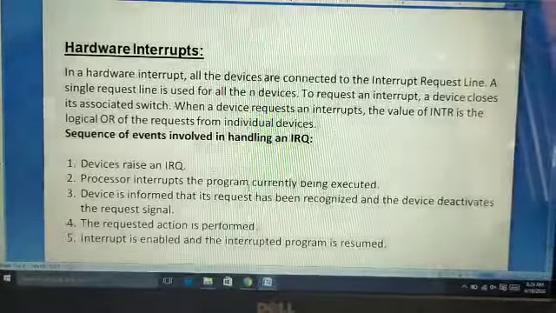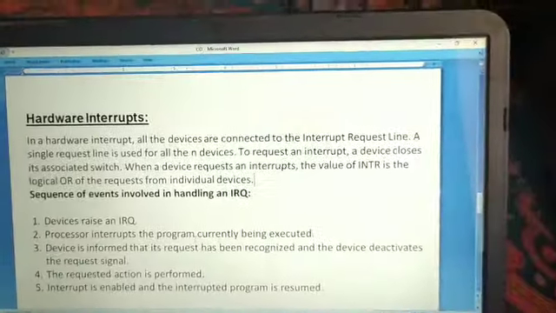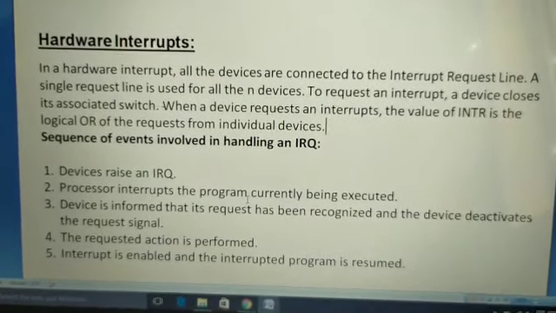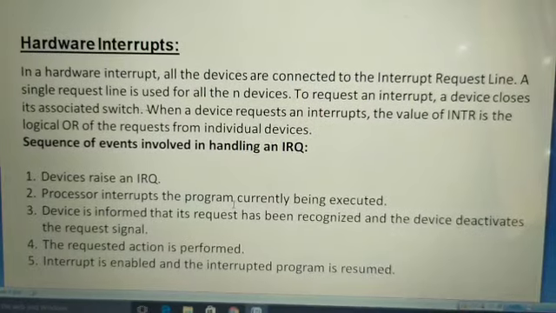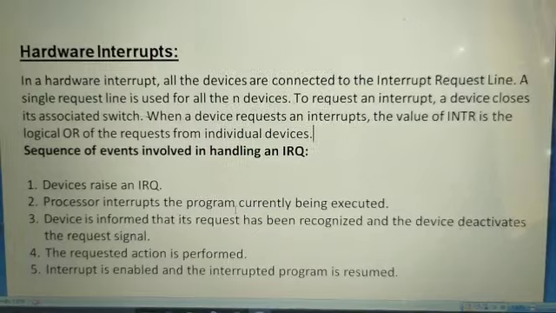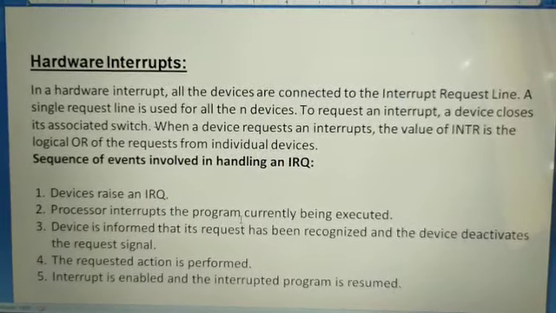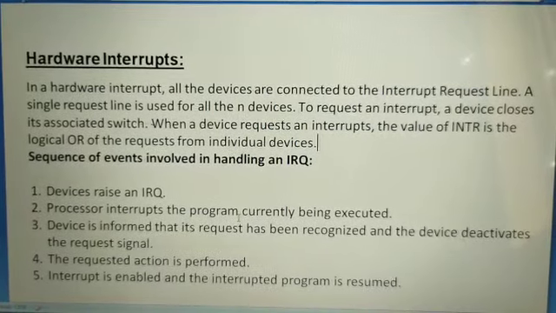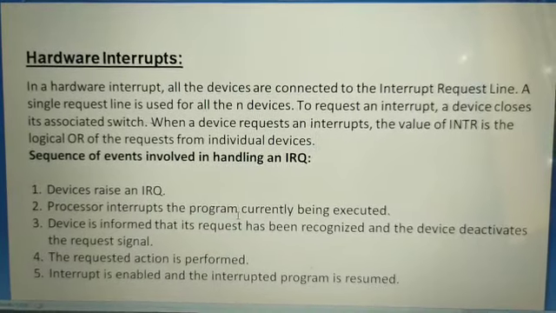The device is informed that its request has been recognized, and the device deactivates the request signal. That means you have to inform the device that your request has been recognized and accepted, so you have to deactivate the request signal so that other devices can send requests, as a single request line is used for all the n devices.